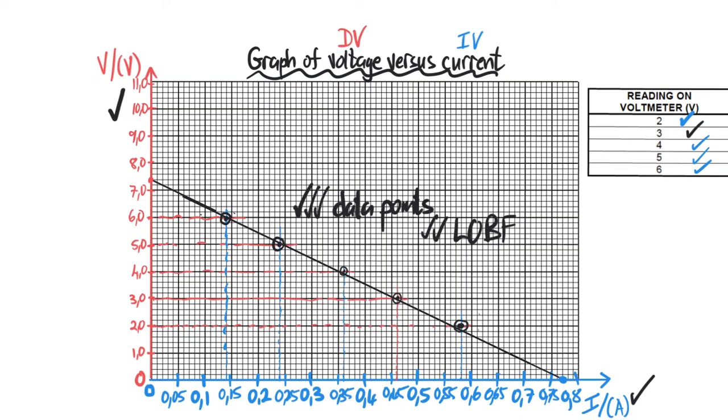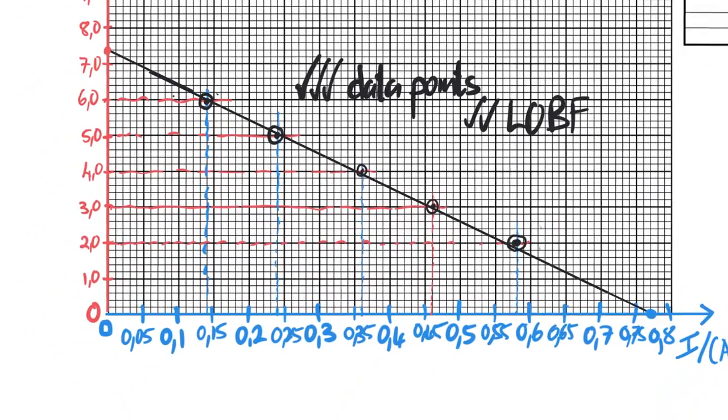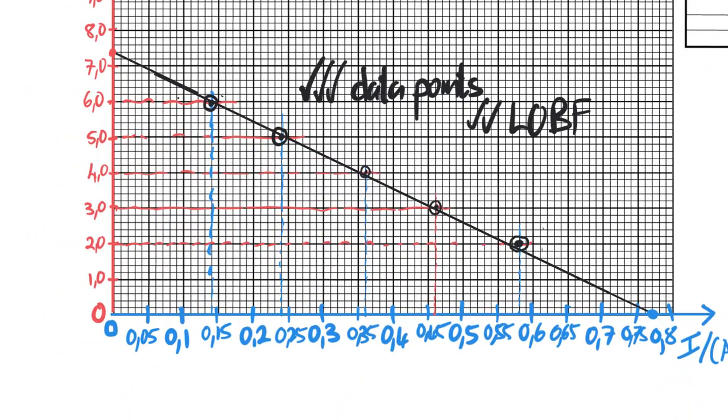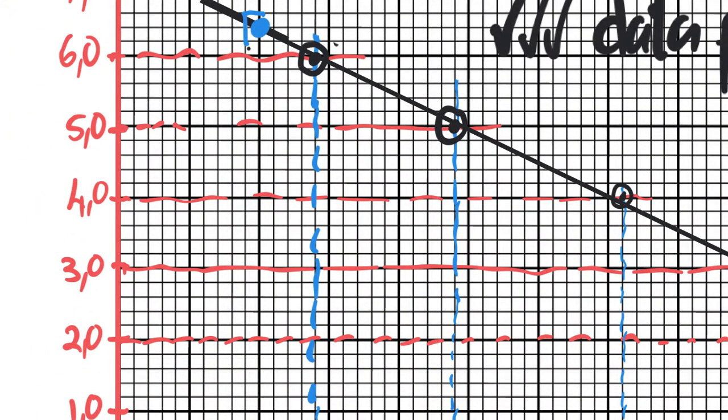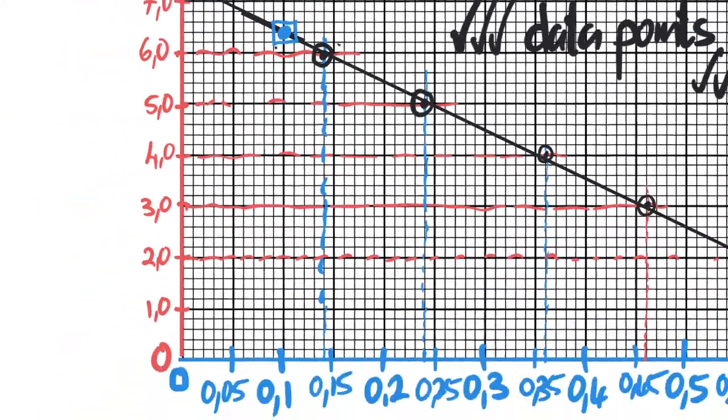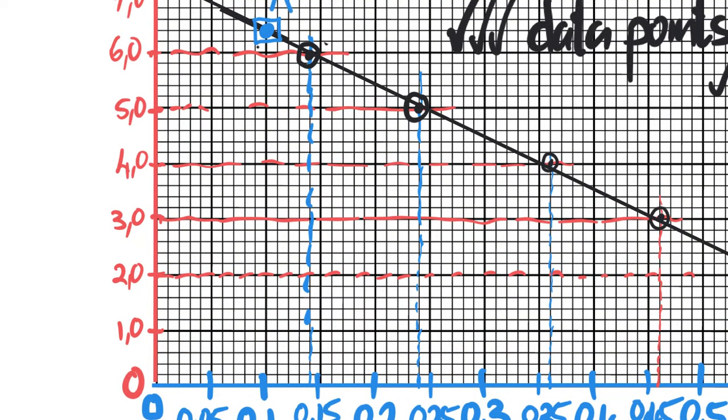So now we're going to choose 2 points that are convenient to read off this particular line of best fit, and it really is up to you which points you choose. I'm going to choose this point here, this one here. I'm going to use a square around it just to identify that it was not an original data point, and it's a point on the line of best fit.